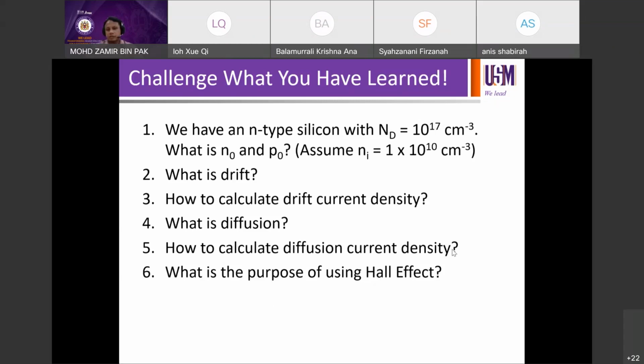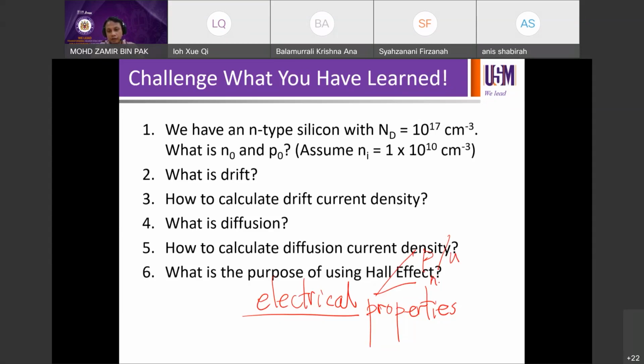So all in all, in essence, you want to use Hall effect to measure the electrical properties of the semiconductor, which you mentioned already. Whether it's p-type or n-type, you want to know the level of n concentration or p concentration.